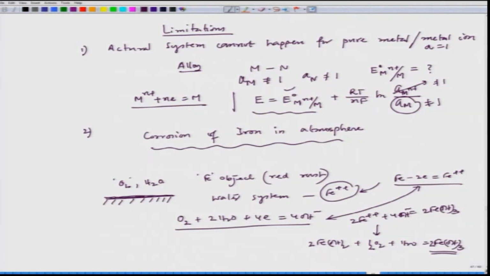But here also we do not see the possibility of attaining the standard reduction potential, because the iron ion activity will not reach 1. As it is trying to reach 1, this product is forming, and this product precipitates out.